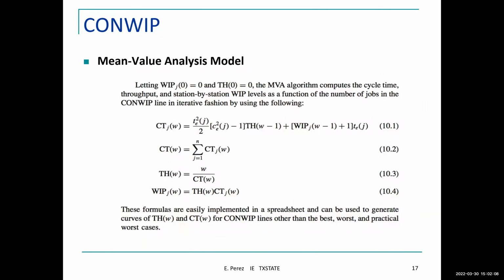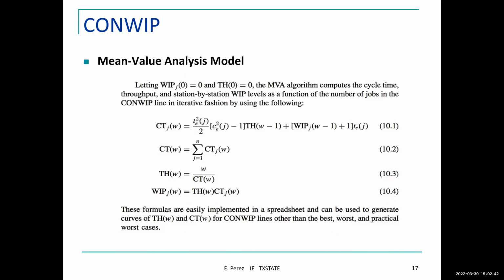So we have this CT_j(w) equation that is taking into account the effective processing time, the squared coefficient of variation of the effective processing time, and also the throughput levels and the WIP levels. So you see here, we have, for example, t_e squared. In parentheses, you have the j. j is the number of the machine.